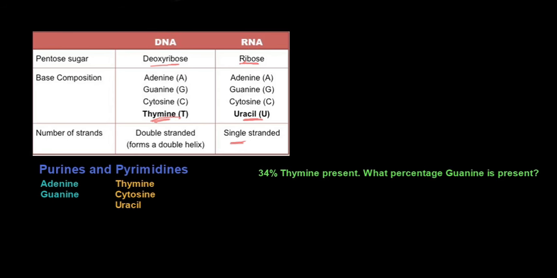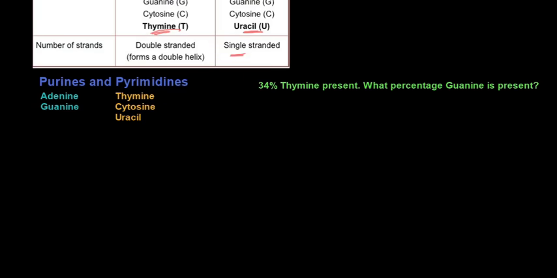And then two things that I didn't mention in the previous video is that these bases fall into two groups, purines and pyrimidines. So the purines are the larger group, and this is why they will bond with a different group, the pyrimidines, which are a bit smaller. So adenine will bind with thymine, or it will bond with uracil, and guanine will always bond with cytosine.